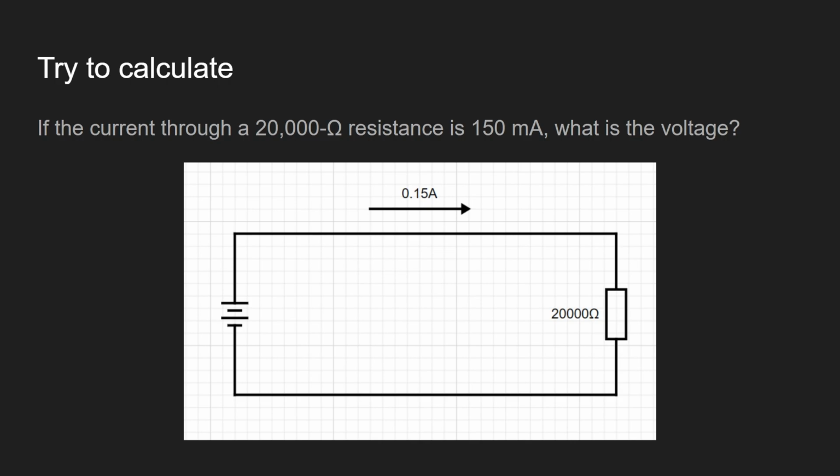So I've got a battery here, and the current flow is 0.15 A. So what is the battery? This is the question. Okay.